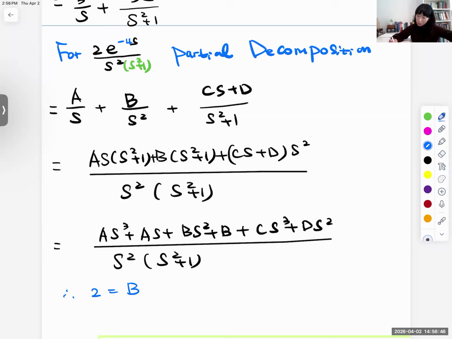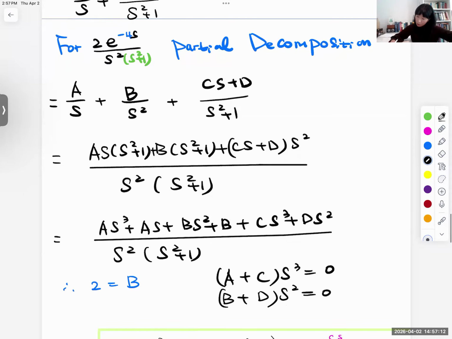Okay, now for s to the third power. So we have a plus c, s to the third power equal to 0. How about b? S to the second power. B plus d, s to the second power equal to 0.